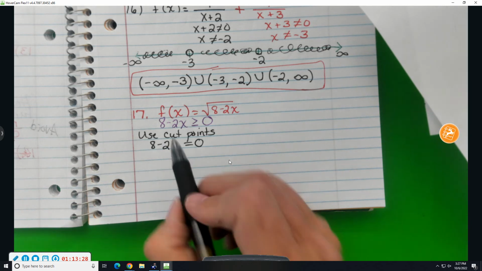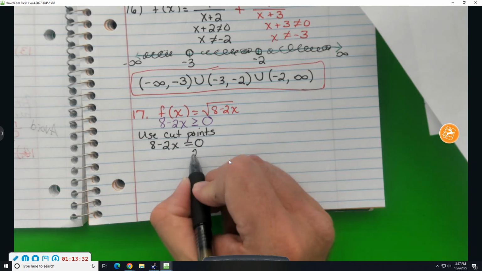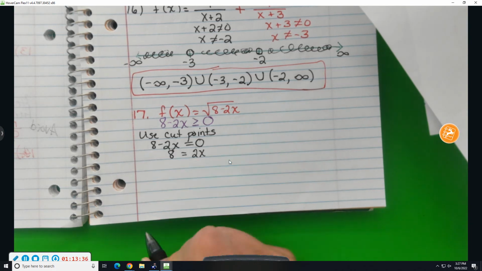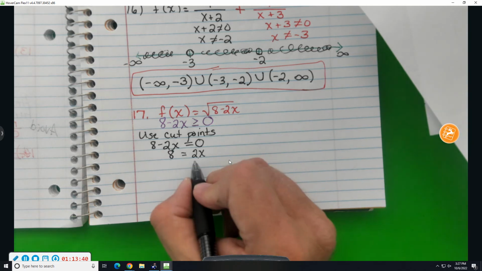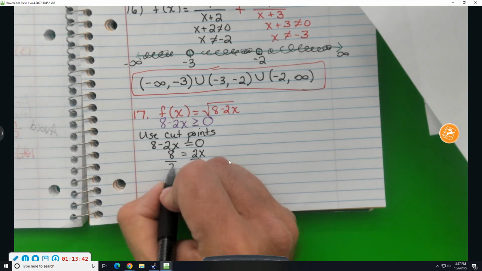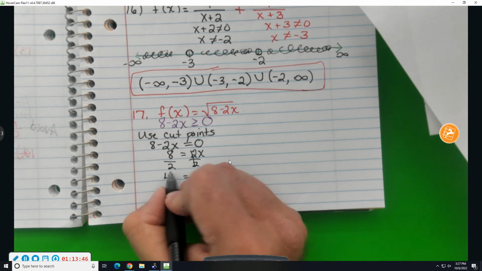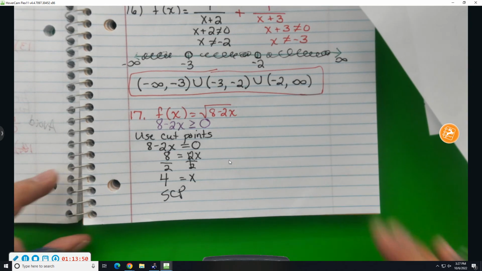To solve that for x, I'd move the 2x to the right, so it's a positive 2x, and then divide by 2. That's what we called a solution cut point, an SCP.